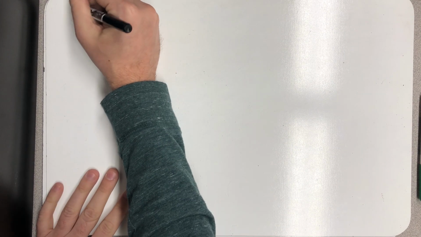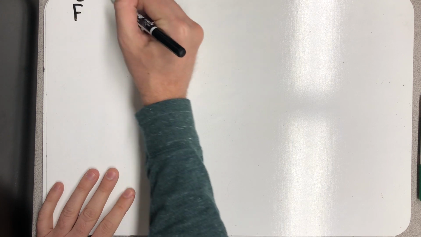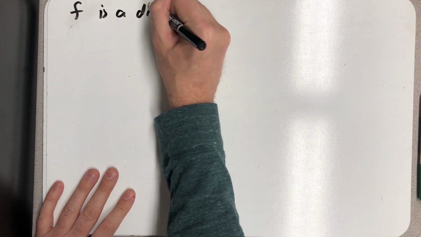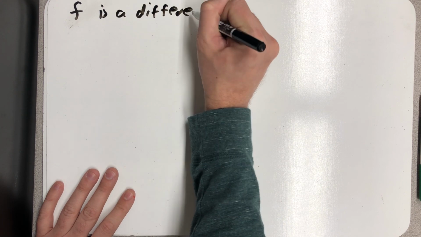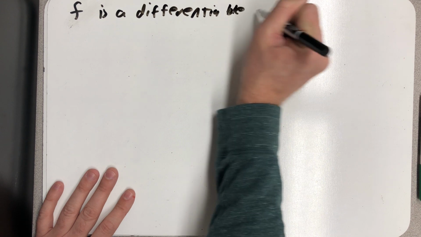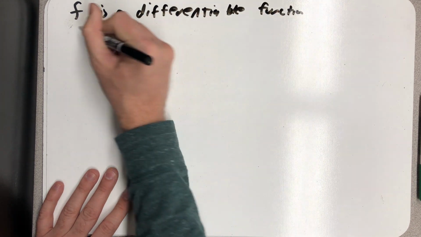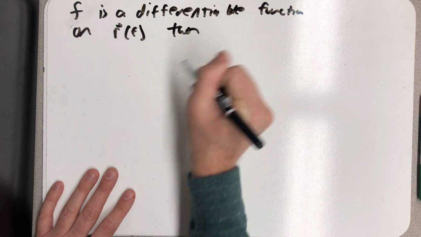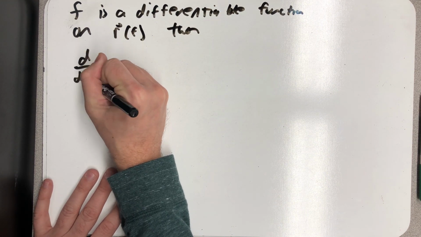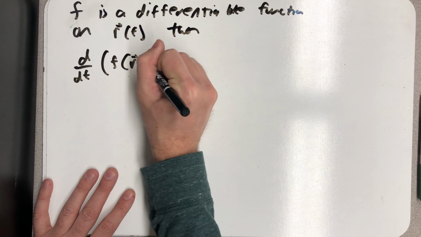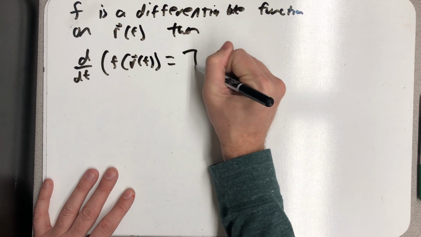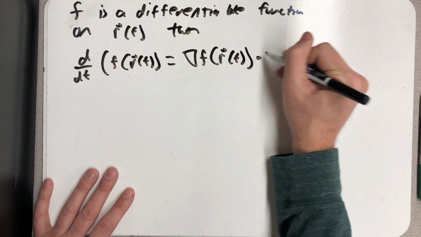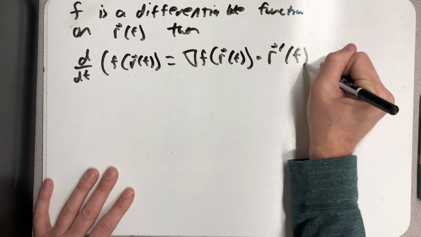So let's say f is a function. Then we saw that the derivative of f of r of t was del f evaluated at r of t dot dr dt, or r prime of t.